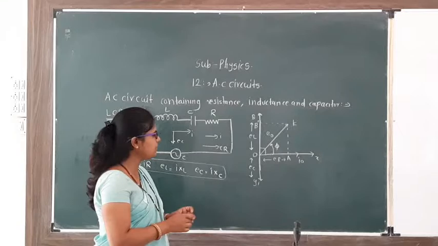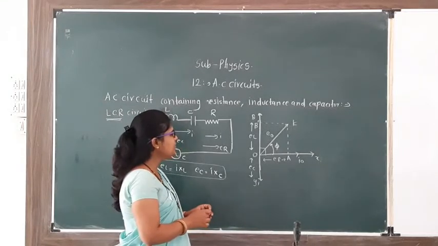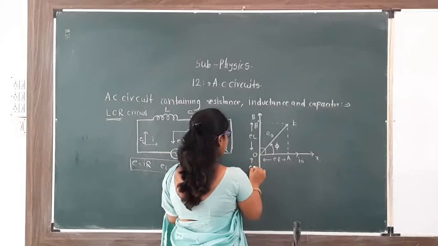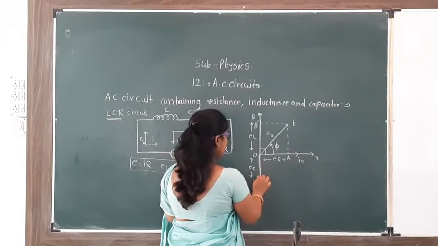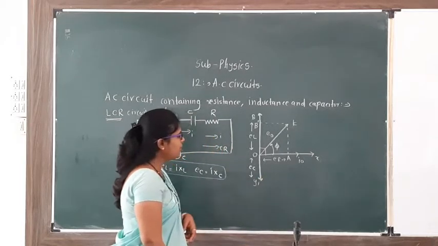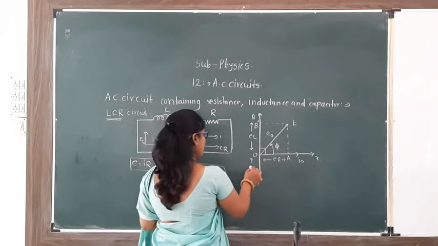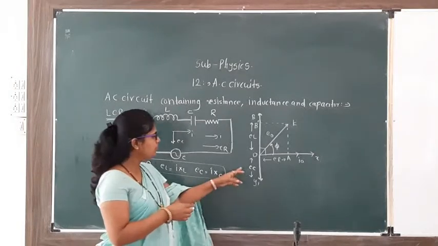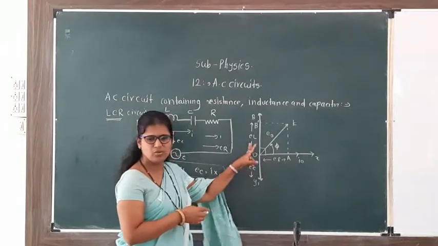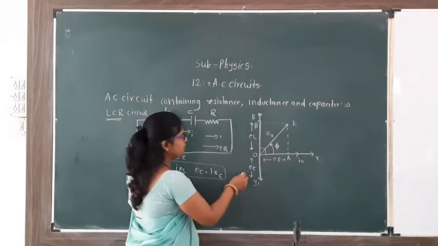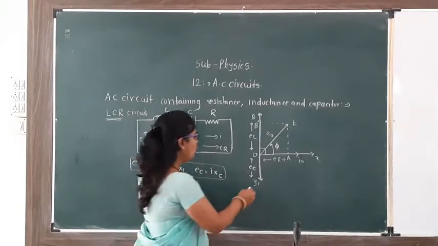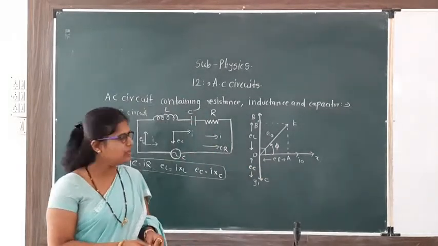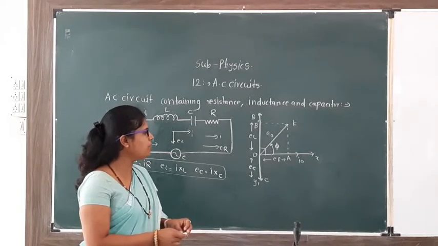The voltage across the capacitor, denoted by EC, lags behind the alternating current by 90 degrees, rotated in the clockwise direction. We have seen what lag behind and lead mean. The voltage across the capacitor, denoted by OC, is rotated clockwise from the direction of I0. I0 means the peak value of current.